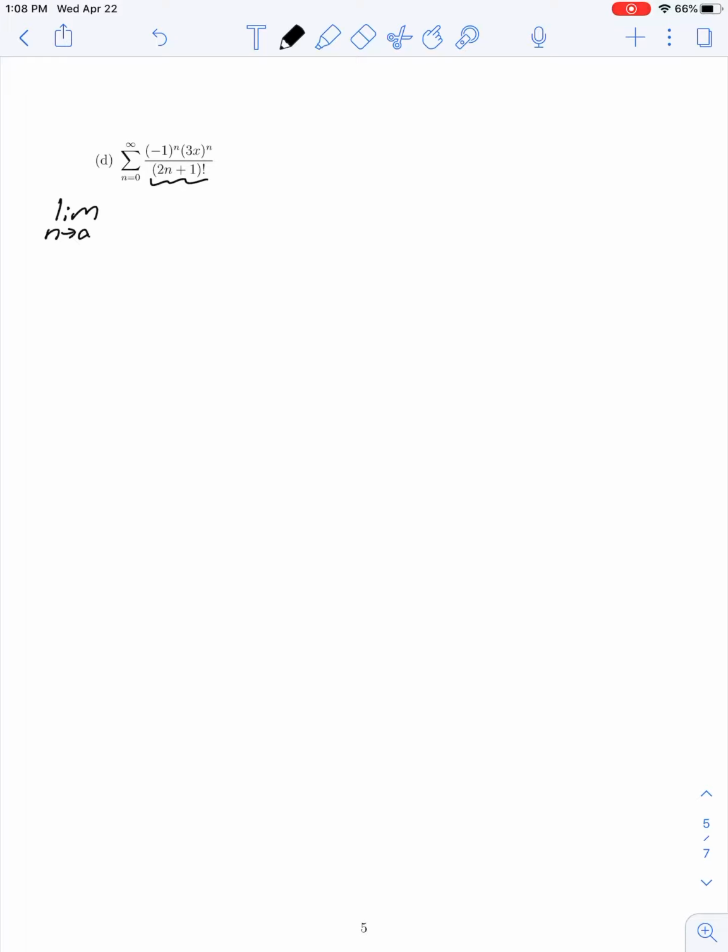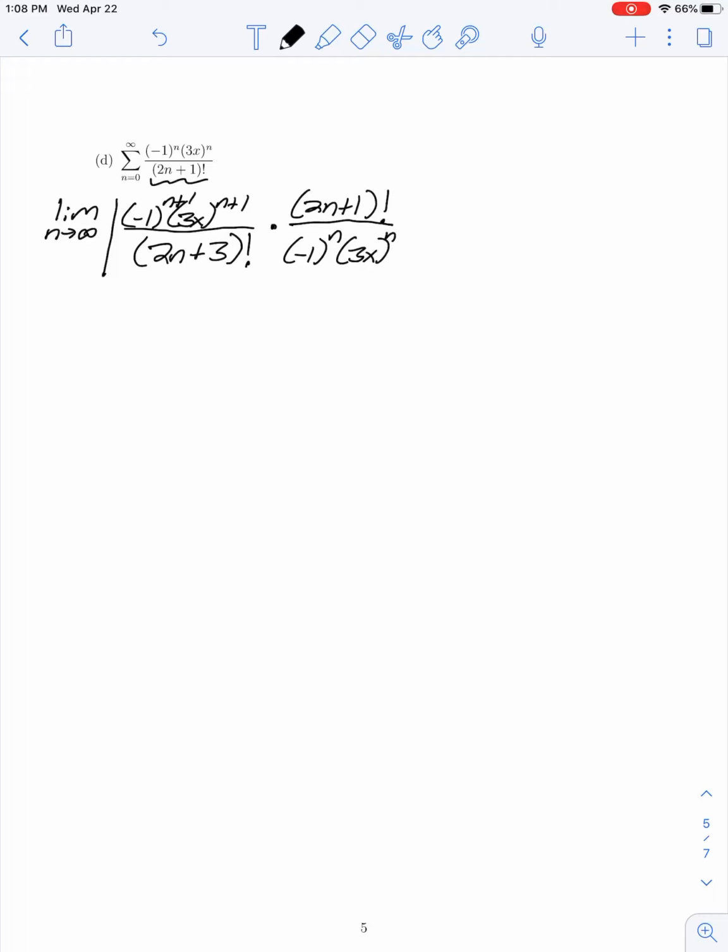So we would look at the limit as n approaches infinity of the absolute value of the ratio of our n plus 1 term, which is negative 1 to the n plus 1, 3x to the n plus 1, divided by, when I plug in n plus 1, I have 2n plus 2 plus 1, so altogether 2n plus 3 factorial, divided by the nth term, or equivalently multiplying by the reciprocal of the nth term, which is 2n plus 1 factorial, over negative 1 to the nth times 3x to the nth.